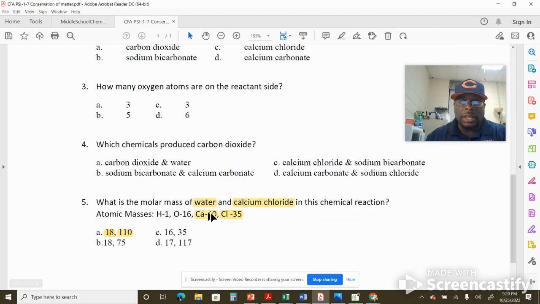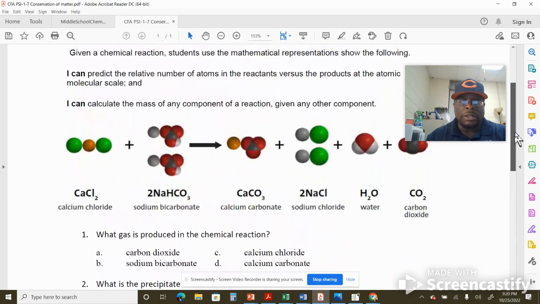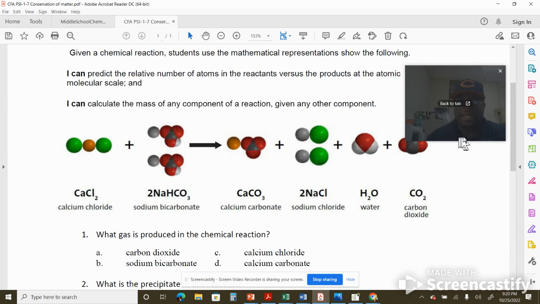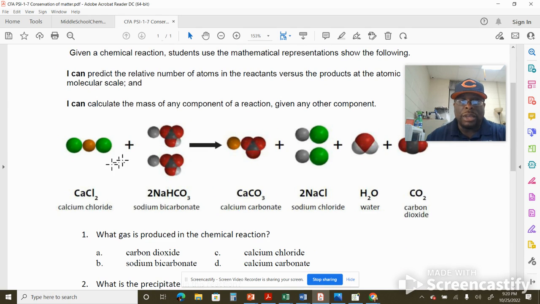All right, same thing for calcium chloride. So calcium chloride chemical formula is CaCl2. Have 2 chlorine atoms attached to 1 calcium atom. It's this linear model right here that we see with the bronze and green.